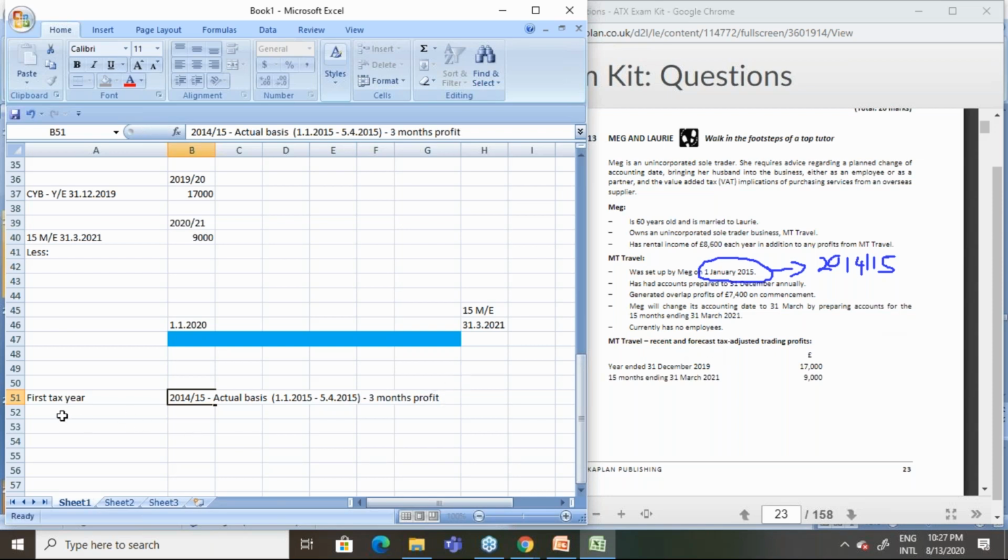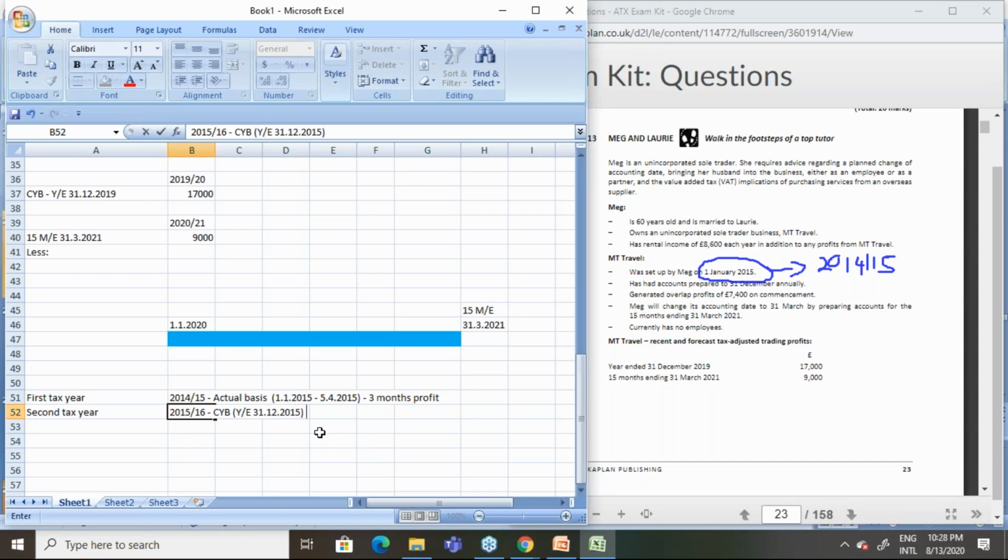And the second tax year, 2015-16, you would have used the current year basis because you have prepared accounts annually to 31st December. That means under current year basis, year ended 31st December 2015 would have been taxed.